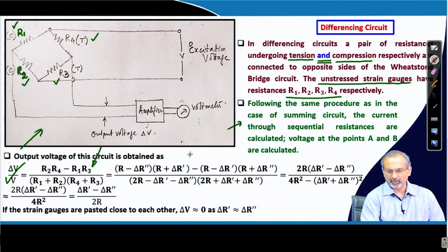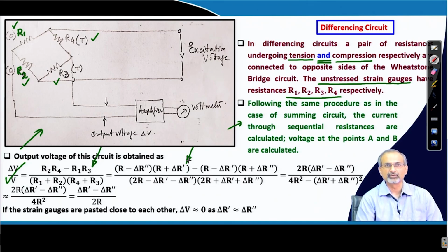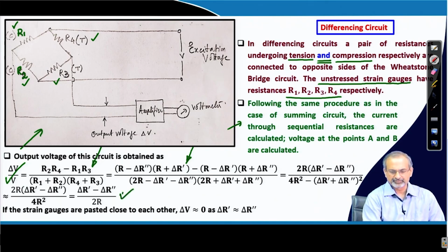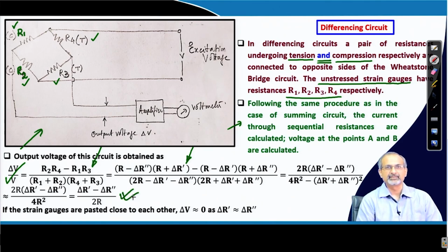Then comes the point where we talk about the change in resistance because of the applied loading, and therefore delta R and delta R dash and delta R double dash getting into the calculations, dropping out higher order terms, you can come to a point like this.